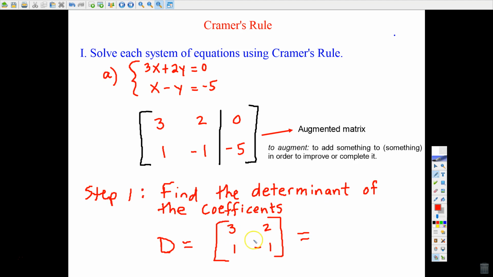Well, I multiply going this way first. I call these the A and the D elements. 3 times -1 is -3. I always subtract when I'm finding a determinant. And now I multiply going this way, the B times the C elements. And I put those together and I get -5 as the determinant of the coefficient matrix. All right, let's move on to step 2.